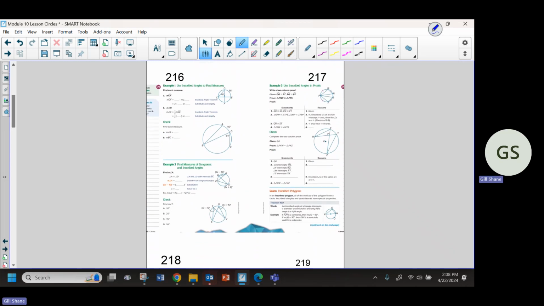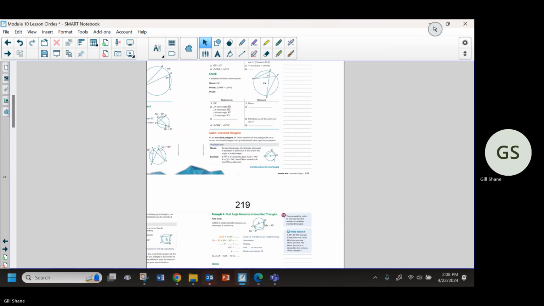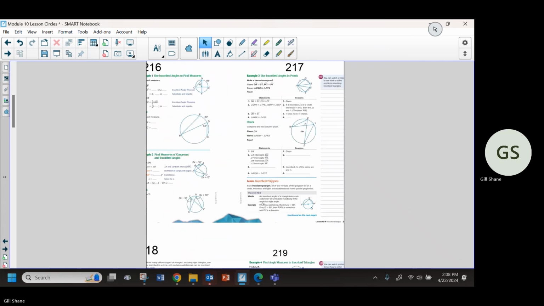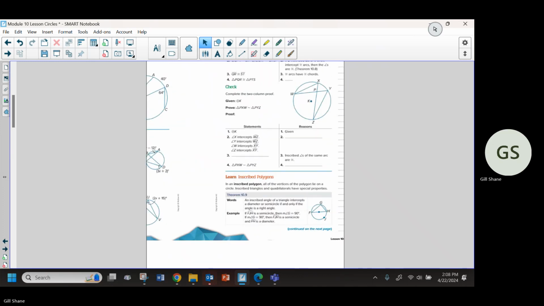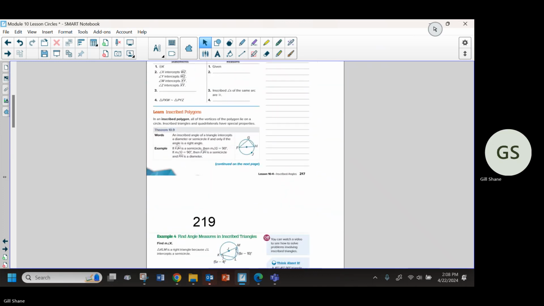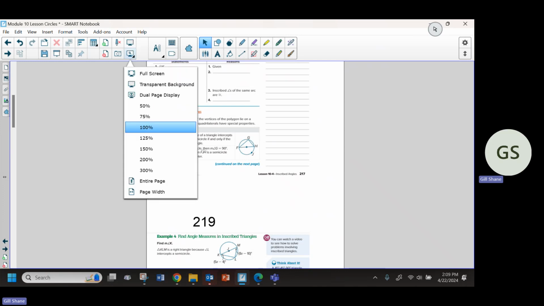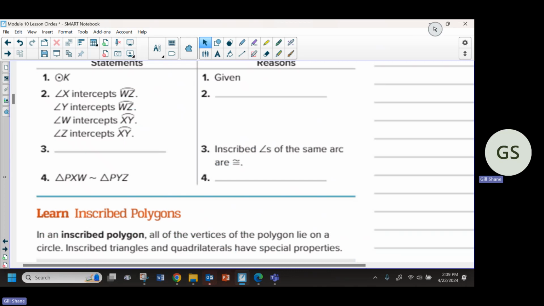Oh, here it is. All right. Actually, I'm just going to do this. Hopefully this works. Oh, that's as much as I can zoom in apparently. So I guess we've got to zoom in here.